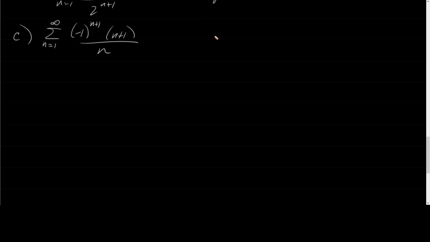Now, what is our sequence? The sequence associated with this series is just (n+1)/n. If I take the limit as n goes to infinity of (n+1)/n, I can multiply by 1 anytime I want. I'm going to multiply by (1/n)/(1/n).